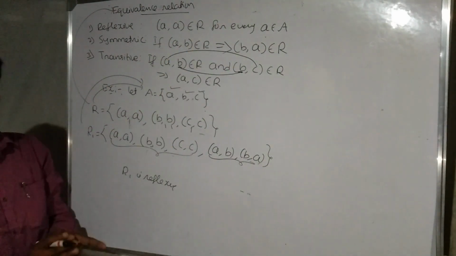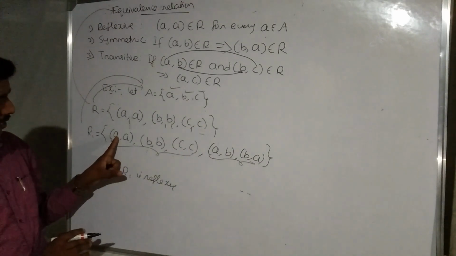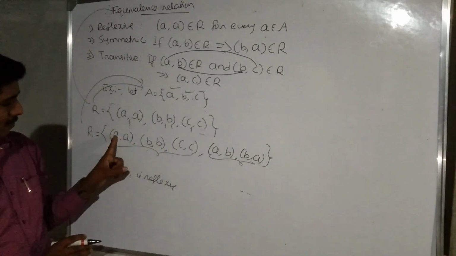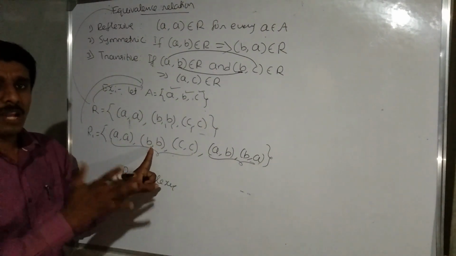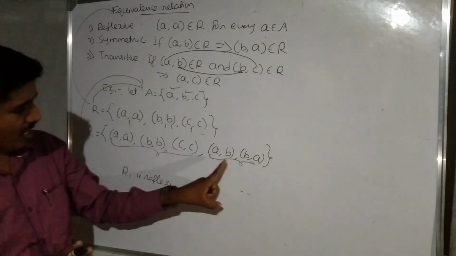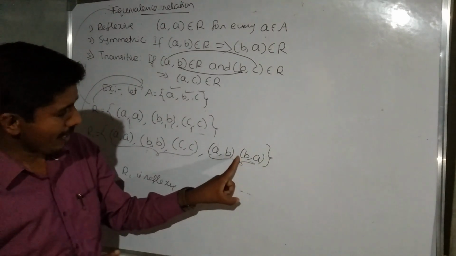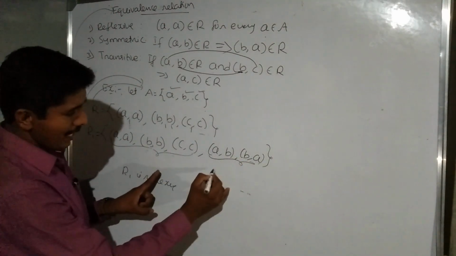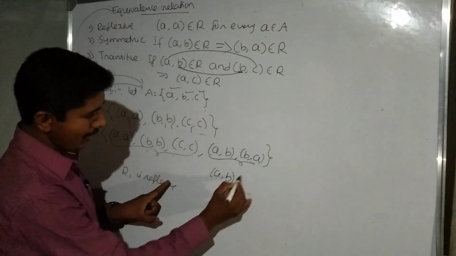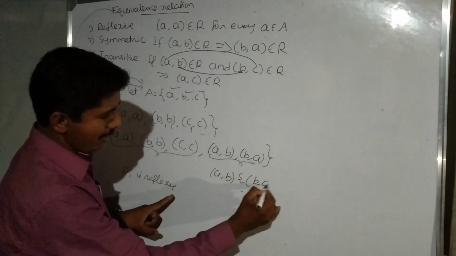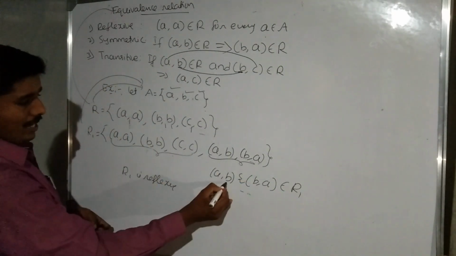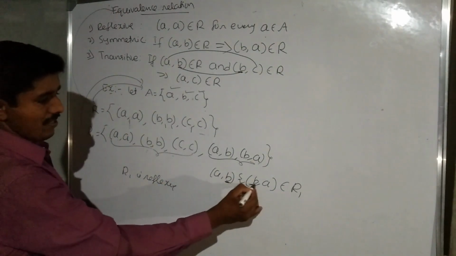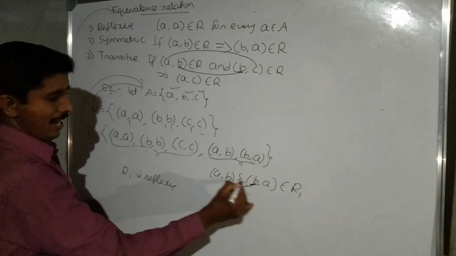Next, is it transitive? Clearly in the first three ordered pairs, A equal to A, B equal to B, C equal to C means each ordered pair itself is transitive. Next, verify the transitive condition here. A comma B and B comma A belong to relation R1. Here observe the second element and first element are equal, middle elements are equal.